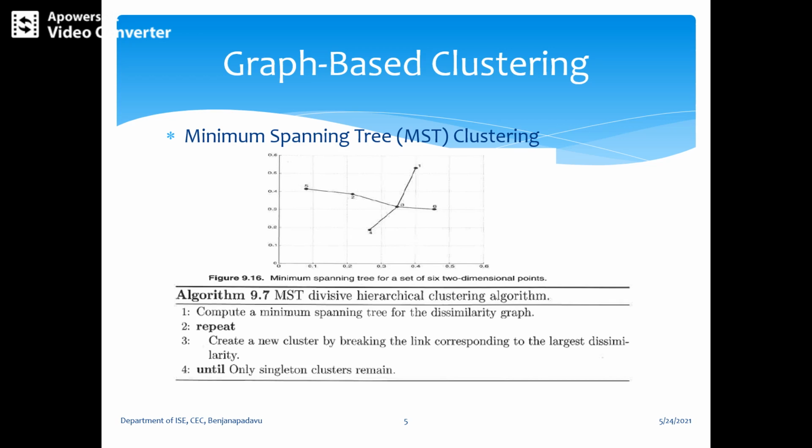This MST is a divisive hierarchical clustering algorithm, or minimal spanning tree. MST starts with a minimum spanning tree of the proximity graph. It can be viewed as an application of sparsification for finding the respective clusters.